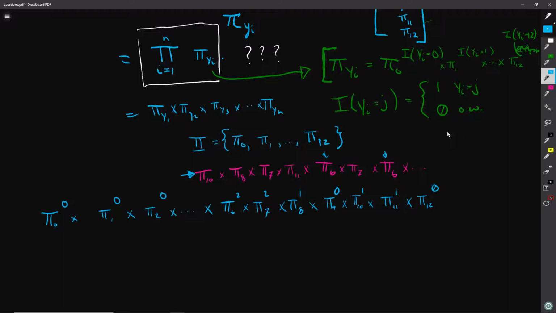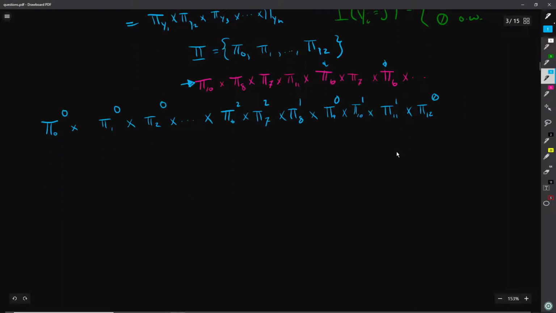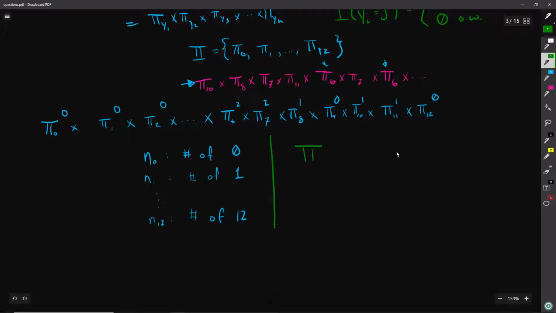But more generally, if we define n0 to be the number of 0 observations, n1 to be the number of 1s, and so on, up to n12, which we define to be the number of 12s that we observe, then by taking this definition, the product from i equals 1 to n of pi yi, right?